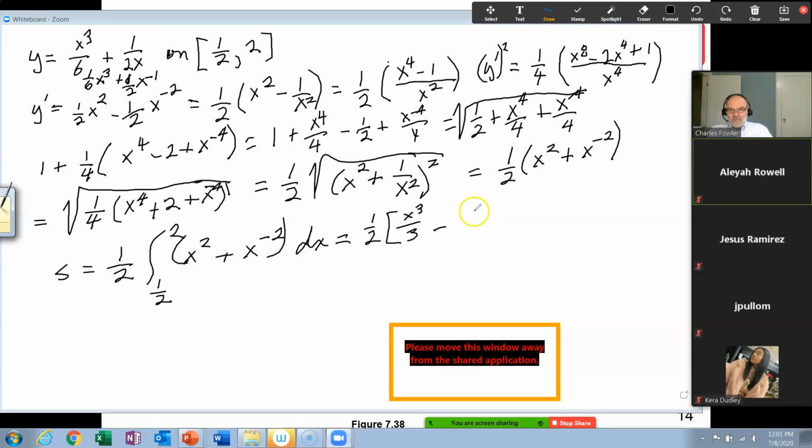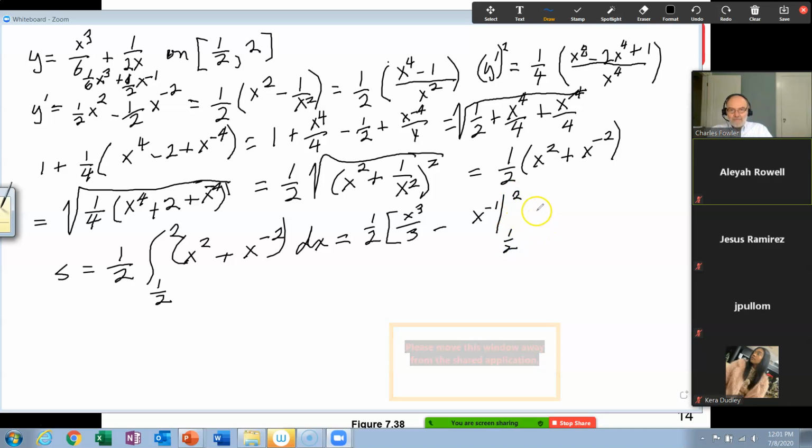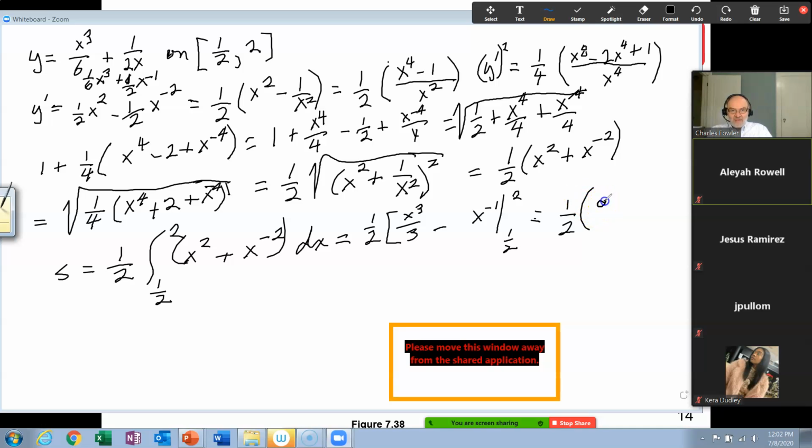Raise that next exponent by 1. That becomes an x to the minus 1 divided by minus 1, and that's what I did. I changed the plus sign to a minus sign. Okay, and then we're going to evaluate this from 1/2 to 2. All right, so that's going to be a 1/2. And when you plug a 2 in there, you get 8/3. Okay, minus, plug a 2 into that next part, you get a 1/2.